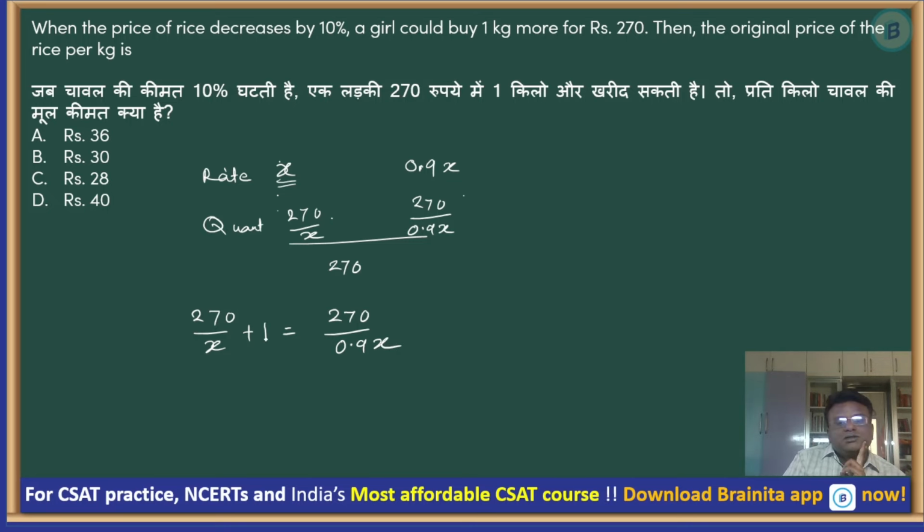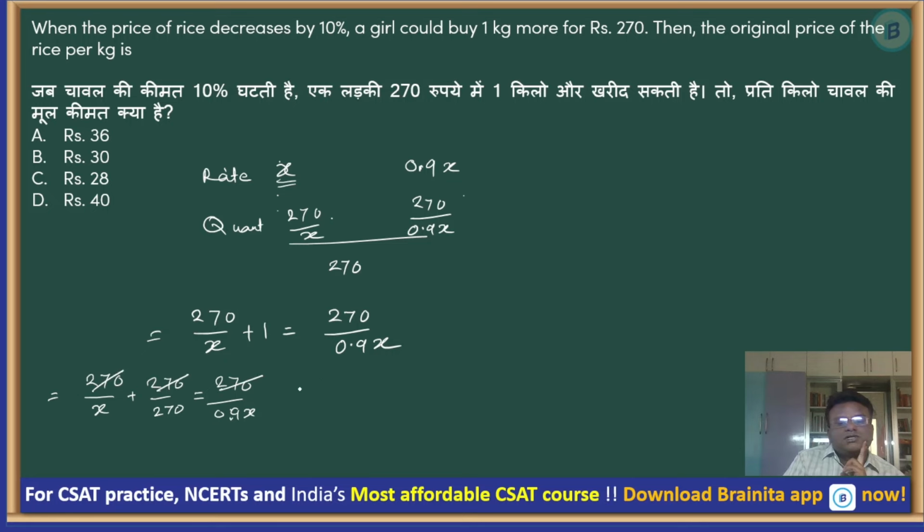Let me write this as 270 by 270. For those of you who are not writing the steps here, this I'm going to cancel out.